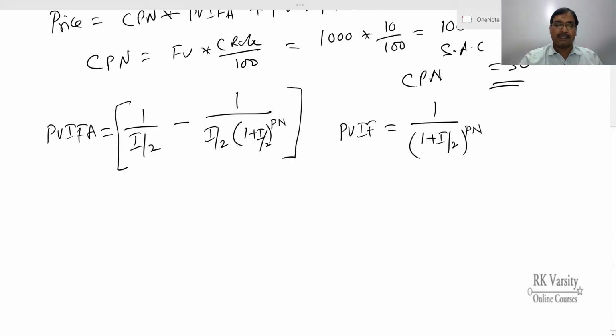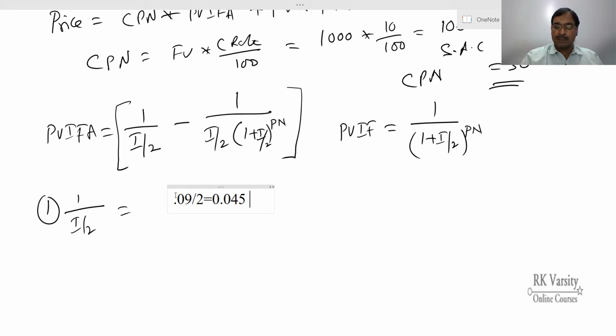So we calculate this stepwise. First we calculate 1 upon I upon 2. I is your discount rate or yield to maturity, which is 0.09, that is 9%. 9 upon 2 gives 0.045, and 1 upon 0.045 is 22.22.